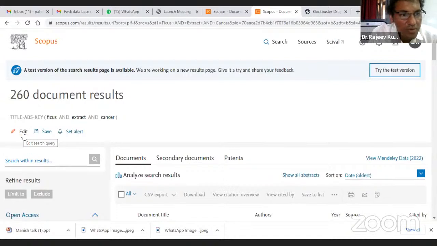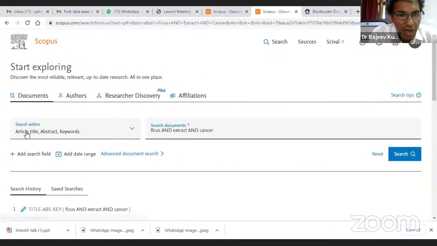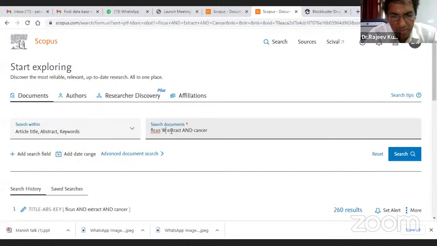So I will edit this search, and now I will put another Boolean operator, which is called a proximity operator. That is W5. And here also I'm adding W5.